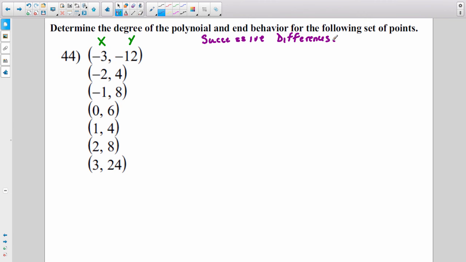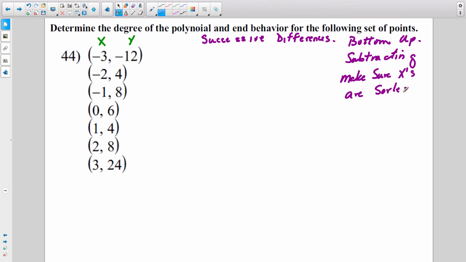The only thing to remember is to go bottom up, subtracting, and make sure your x's are in order. Or what would you say, sorted?